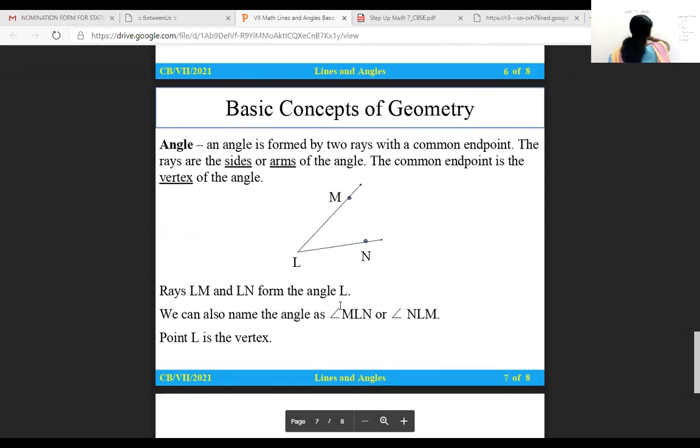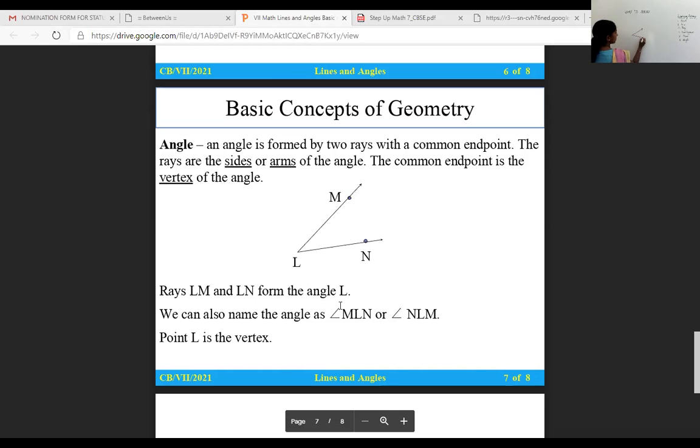Now we will see this angle. An angle is formed by two rays meeting at one point. Two rays having the common point, or the common initial point.